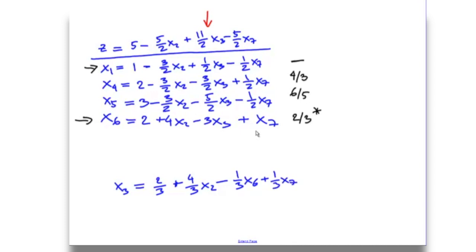Okay, so this is our expression for x3. Note that in the next basic feasible solution that we get after we perform the pivot, the value for x3 will be equal to 2/3, because we set all the non-basic variables to 0, and we get 2/3, which is exactly the minimum ratio value.